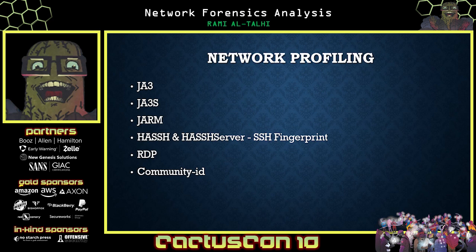RDP, remote desktop, does use TLS, and we have very interesting information about it to find the user who logged into that RDP session to identify the attacker's activities as well. The Community ID is a way to profile, let's say, the NetFlow. It's actually a hash value generated for the flows themselves. More details in the next slide.